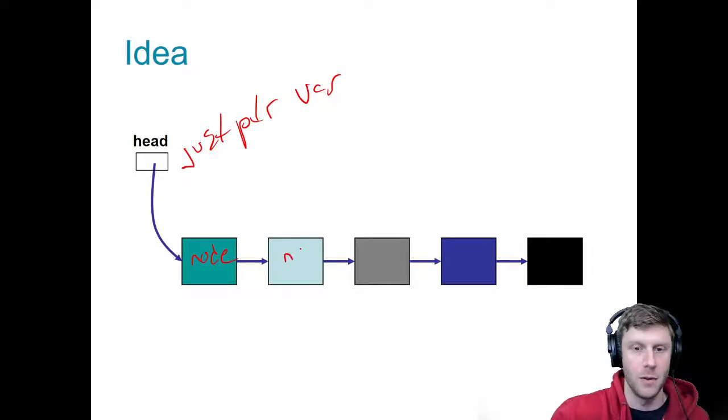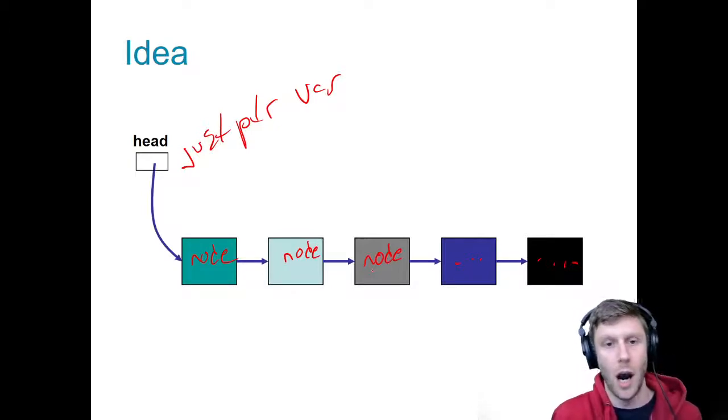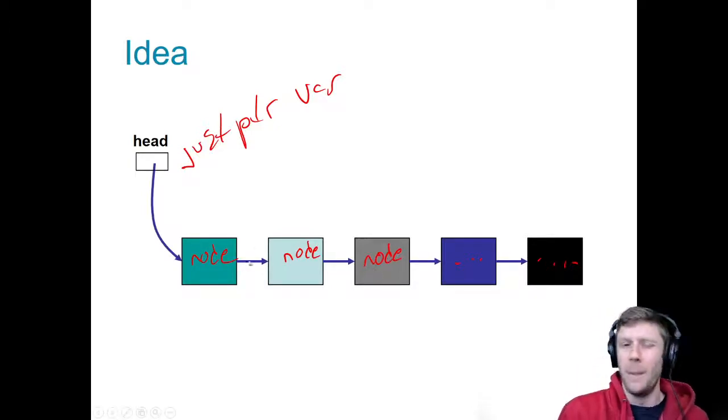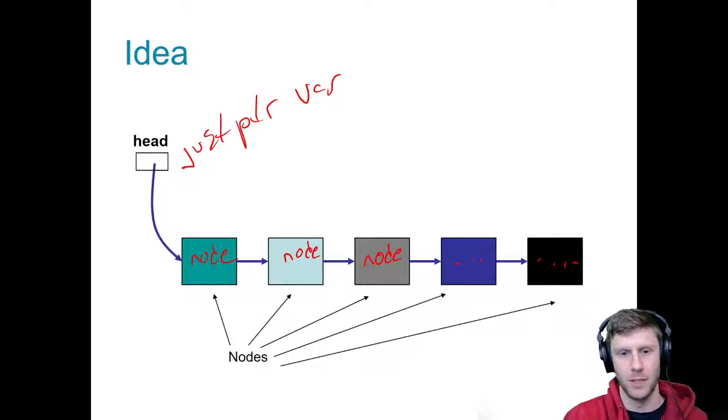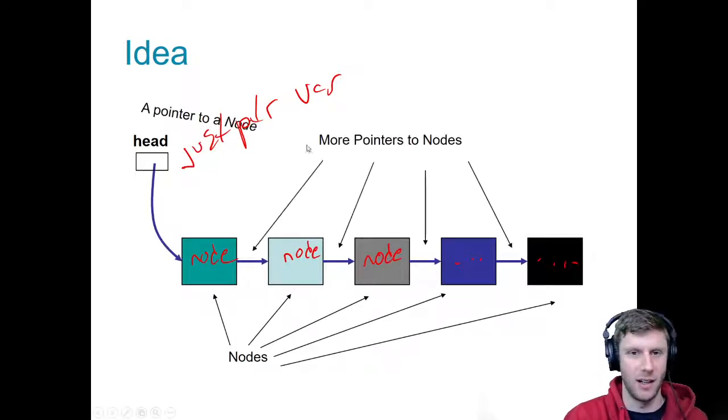This is a node. This is a node. And so on. And these little blue arrows in between are also pointers. But this pointer will be one of the attributes of a node object.